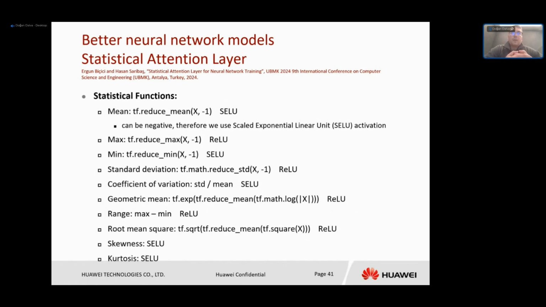And for coefficient of variation, we use SELU. For geometric mean and range and root mean square, we use ReLU. And for skewness and kurtosis, we use SELU activation function. So these are obtained by experimentation. So we compared different activation functions, and this setting achieved the best result.